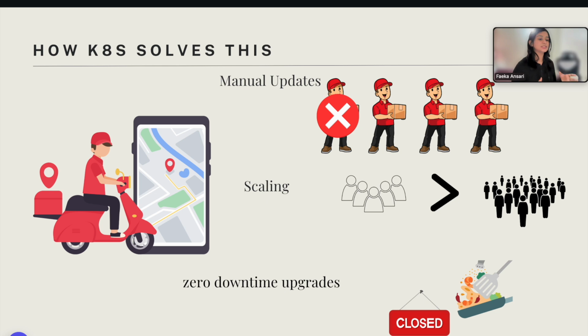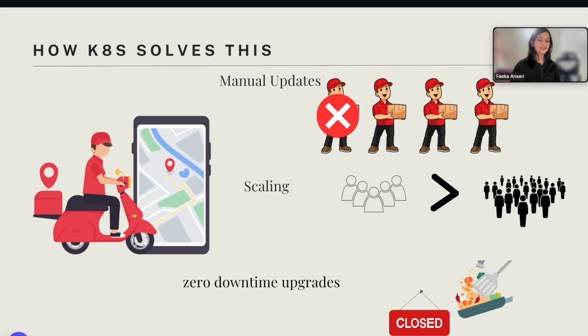But with Kubernetes, the system will notice the problem and automatically assign a new delivery person for you. Similarly, if there is a scaling issue, without Kubernetes, if there are 100 people ordering food, you will need to call extra delivery people yourself. But with Kubernetes, the system will detect this demand and will hire temporary delivery people automatically for you. So that is how Kubernetes works.